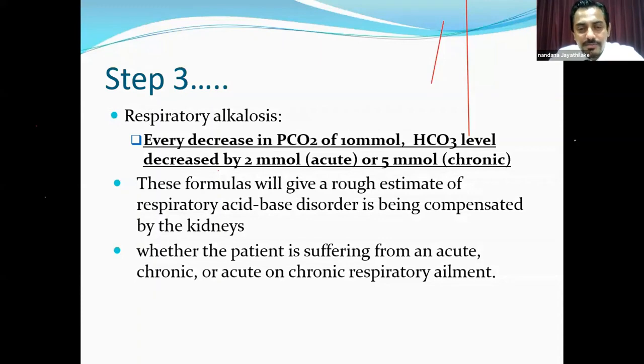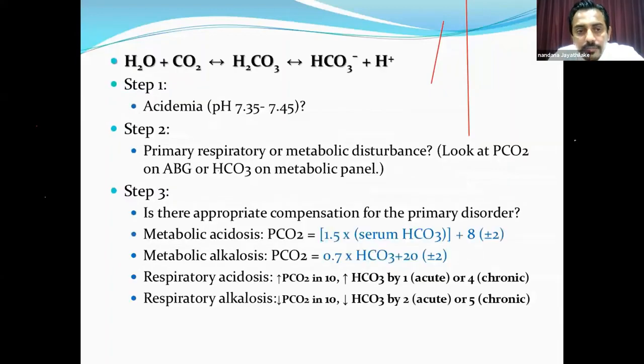So there are 5 formulas. These formulas give a rough estimation of whether a respiratory acid-base disorder is being compensated by the kidney, and whether the patient is suffering from an acute or chronic respiratory ailment. So these formulas are important, right?